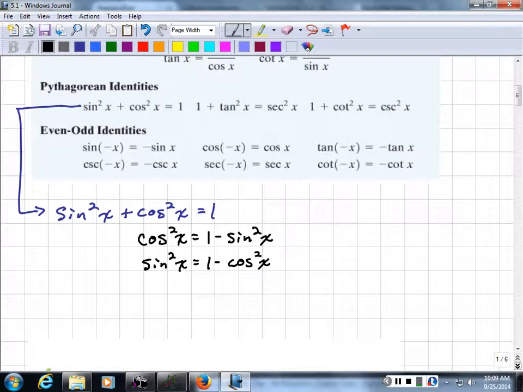Now, this is kind of a mnemonic. This is how it helped me. The 1 plus cotangent is associated with the cosecant because they both start with C. Cotangent is going to come first because cotangent, COT, is alphabetical in front of cosecant, CSC. That's how I remembered that one. 1 plus cotangent squared x equals cosecant squared x.